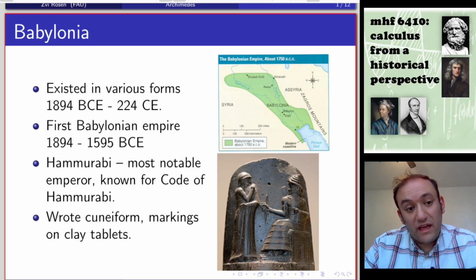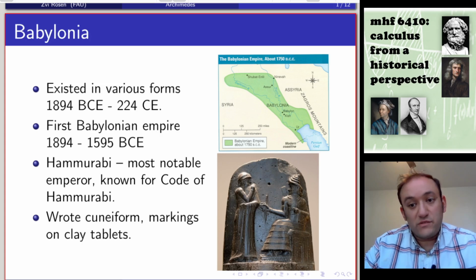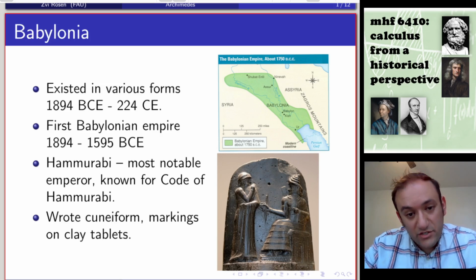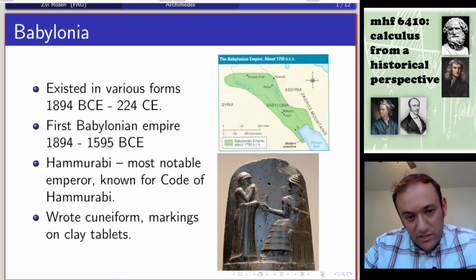The most notable emperor in this period was Hammurabi. He was known for the legal code of Hammurabi, one of the first and most expansive legal codes extant from the ancient world. The image on the right is an image of Hammurabi presenting this law code to his deity.